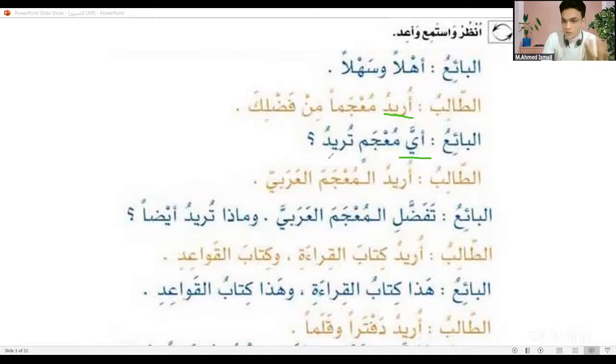So أي معجم تريد, which dictionary do you want. And we have here أريد, I want, and تريد, you want, and this depends on the sentence. Here it means you want, for مذكر, but it can also mean she wants, because if you have ta at the beginning, it refers to أنت, you for مذكر, or هي, she.